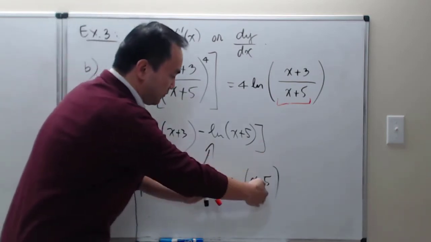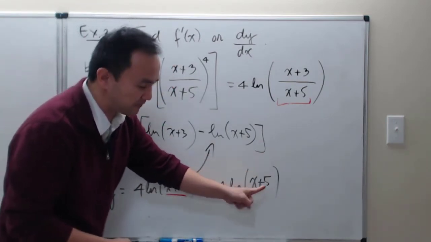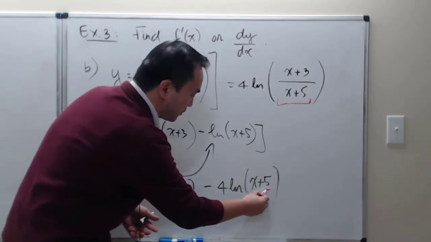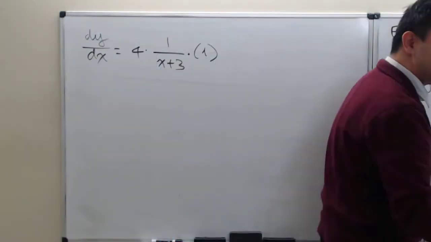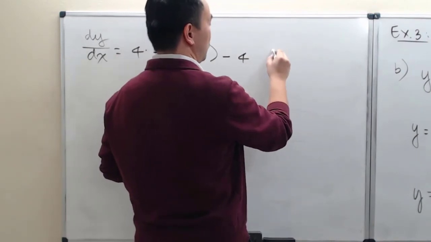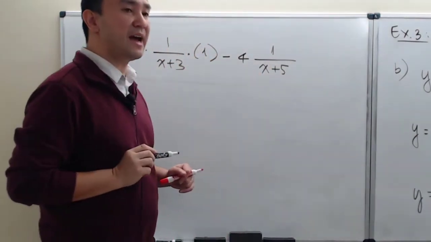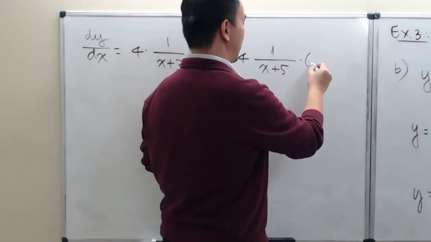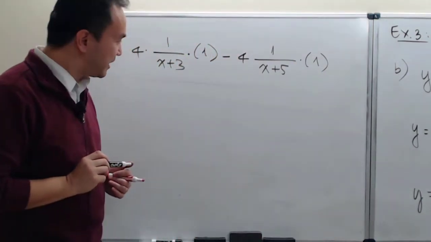Now let's move on to the next term. Here we need to find the derivative for the term natural log of x plus 5. I am again recommending to use that as my inside right here. And so on my other board, that will become 4 times 1 over x plus 5. This is for the derivative of the outside function. And the chain rule says we multiply with 1 as it's the derivative of the inside I underlined in red ink earlier.